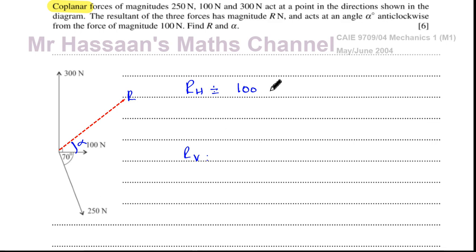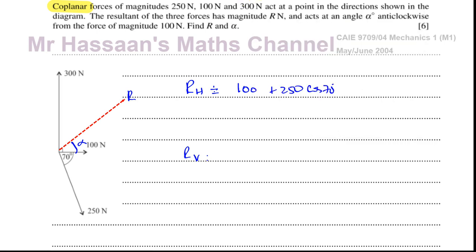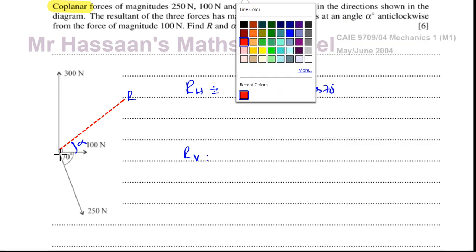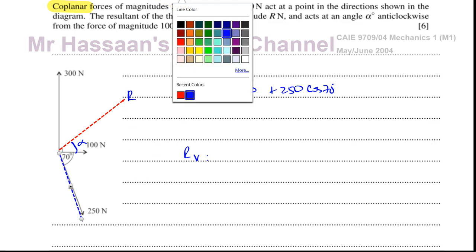But the 250 newtons force, you have to resolve it horizontally, so it has to go through the angle given. So it's going to be plus 250 times cosine of 70. Because if you want to resolve the force in a direction, like I want to resolve this force in this direction, I'll put this in a different color so it's distinct from the resultant force.